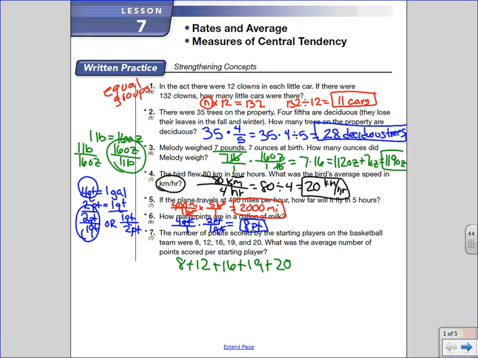Well, 8 plus 12 is going to give me 20. 20 and 20 gives me 40. And 16 and 19 give me 35. So 40 and 35 is 75 total points. And then we're going to divide that by 5 players, 5 starting players. And 75 divided by 5 is 15.